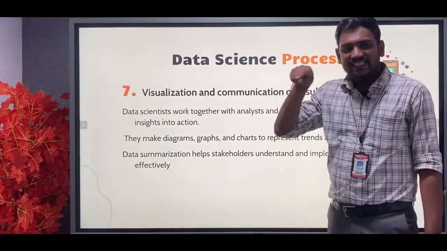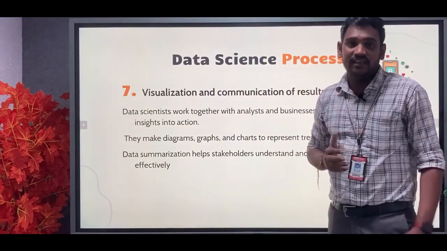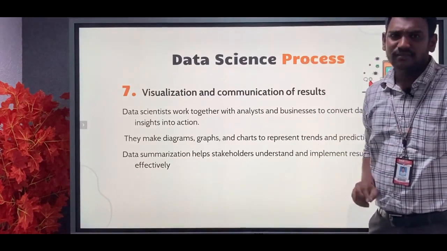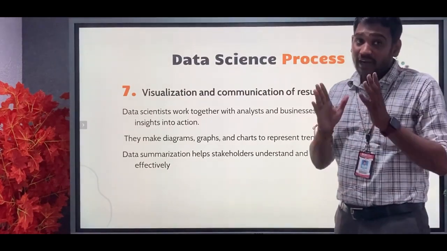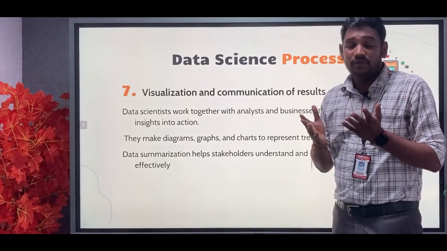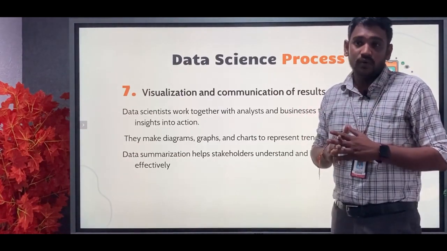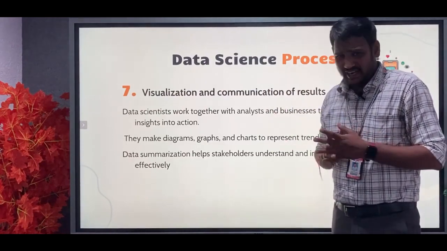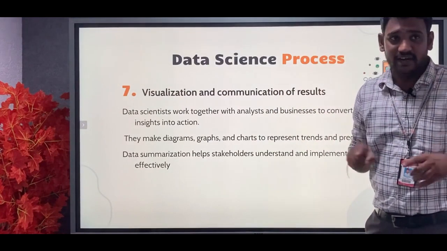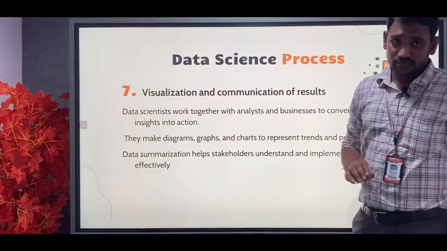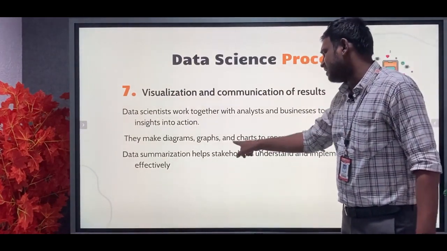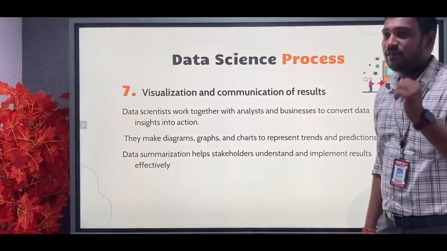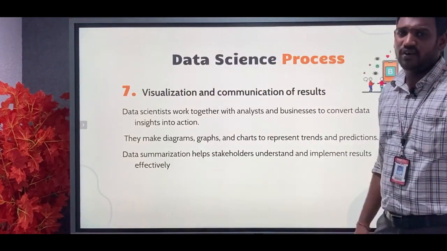By using some colors and graphs, we can understand it easily. Or else if I give you the entire values directly as numbers, you will understand, but not properly. You have to calculate and use a calculator if I give you raw data. But if I show you using visualization, graphs and charts, you can understand the raw data in a meaningful way.